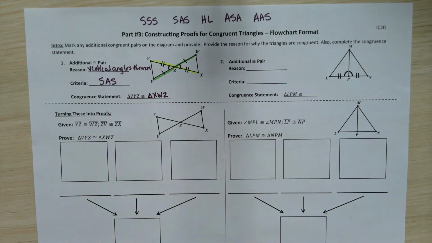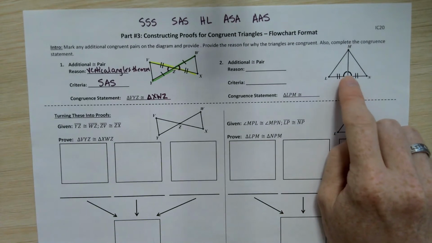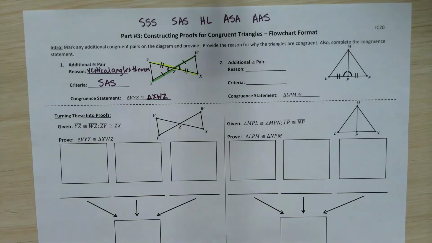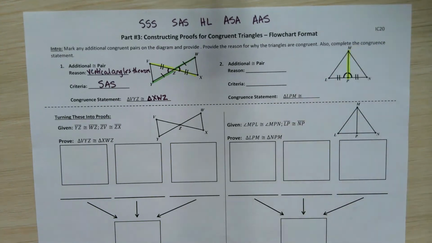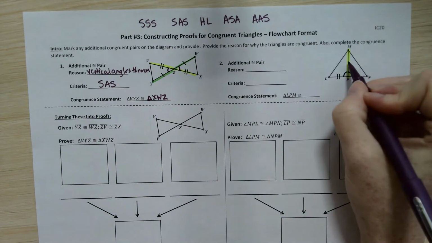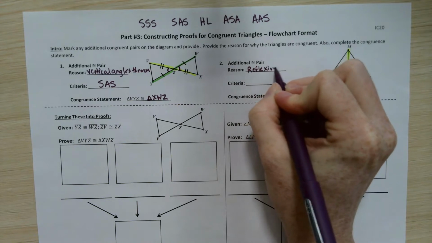Hopefully that went well. For number 2, again, we have 1 pair of congruent sides and 1 pair of congruent angles. By itself, that's not enough, but I see right here a shared side between M and P that I can mark as being congruent to itself by the reflexive property.